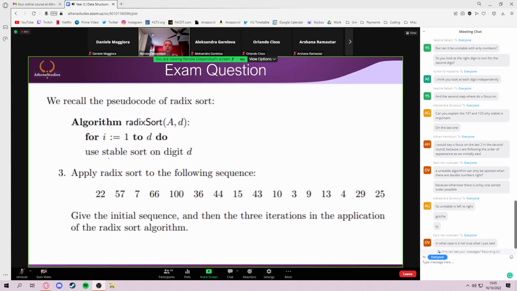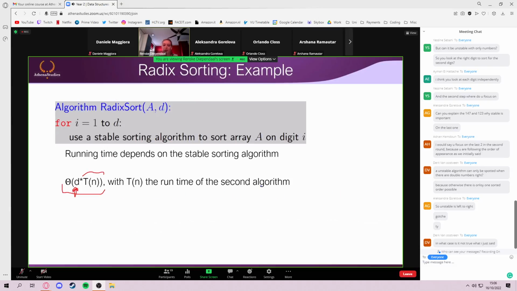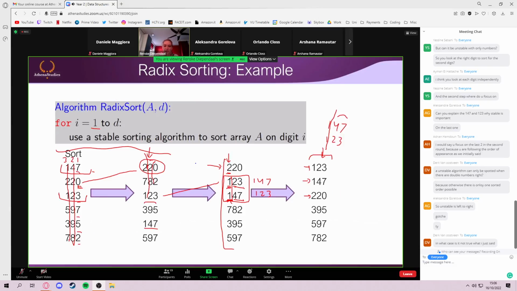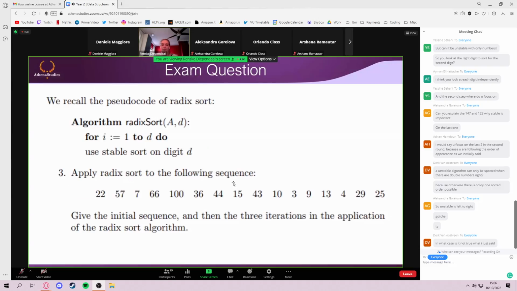Yeah, so apply the radix sort to the following sequence. And they say give the initial sequence and then the 3 iterations in the applied version of this radix sort. So that kind of looks like what we just did, right? Just put them in a row all together and then you move on to the next row. Let's see. So try to make these rows as well. And then let me know when you're done.